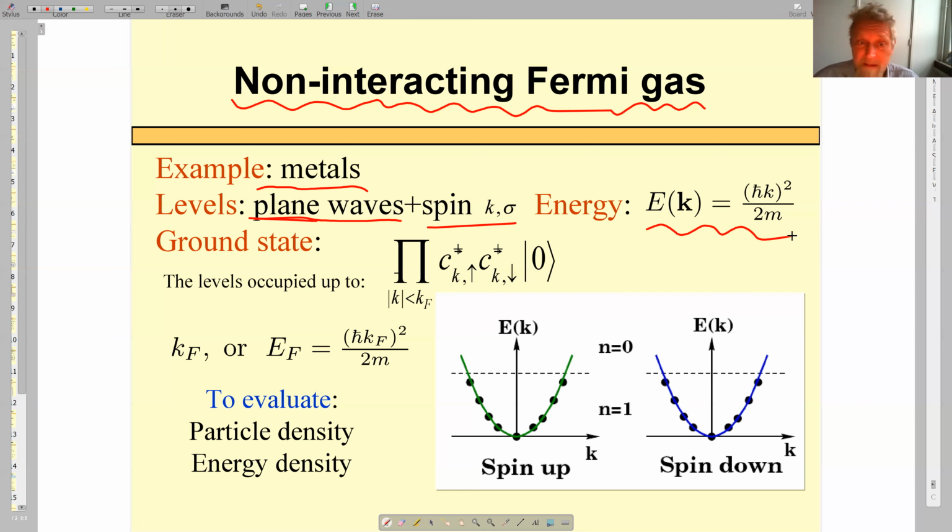But anyway, a parabolic spectrum, the simplest spectrum, would suffice for our work today. This parabolic spectrum I sketch in this figure.